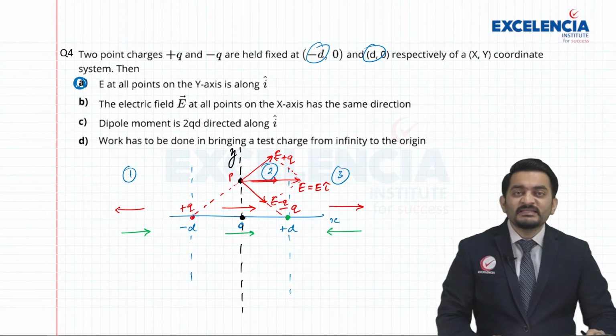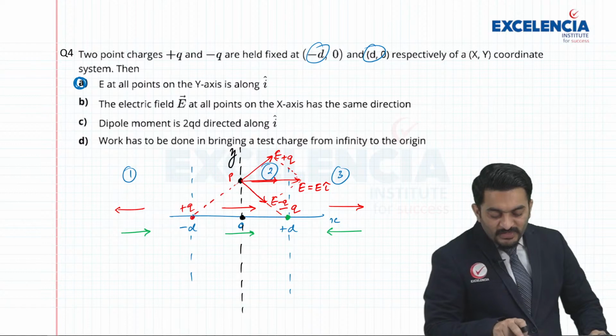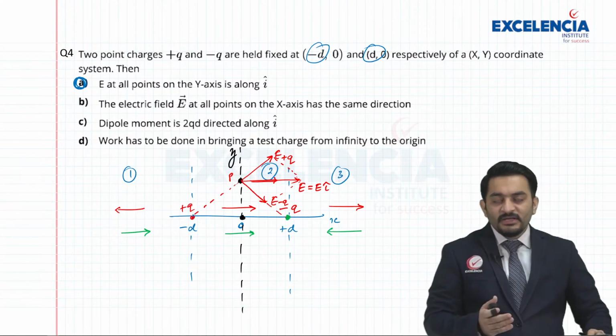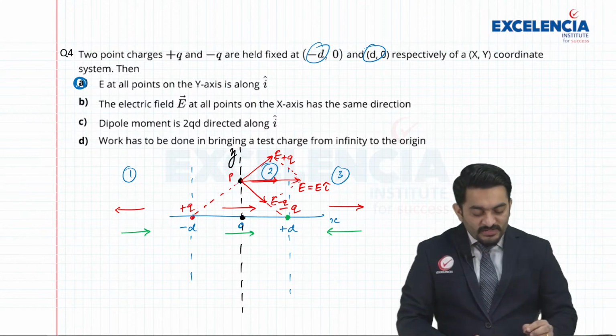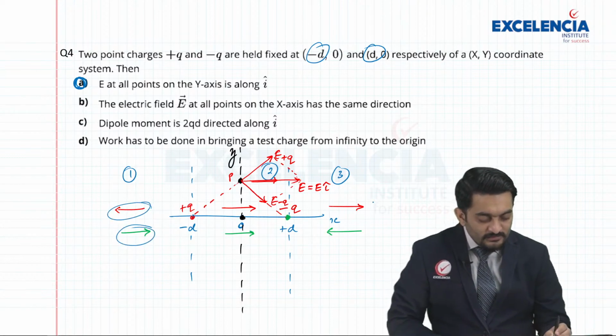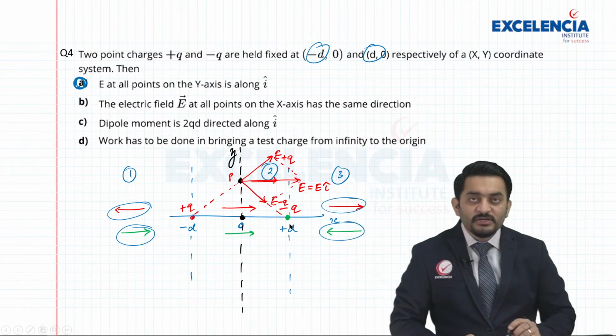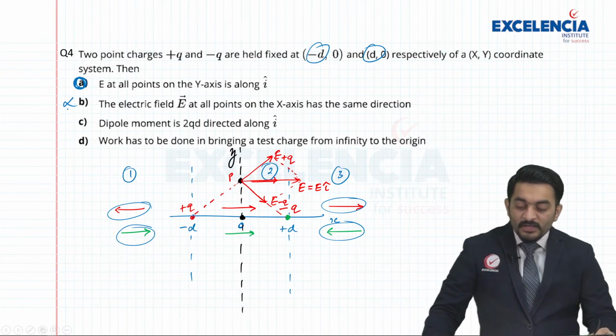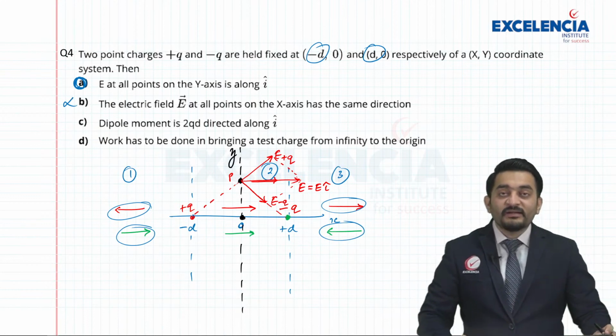Option number B says electric field E at all points on the x-axis has the same direction, which I can simply see is not possible, because I have seen that the electric fields here are in the opposite direction. So they are not in the same direction, which makes this option absolutely wrong. The dipole moment 2qd directed along i cap.